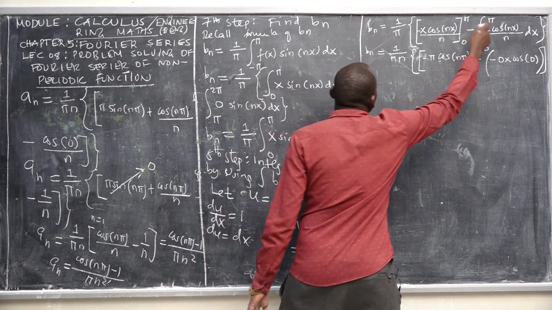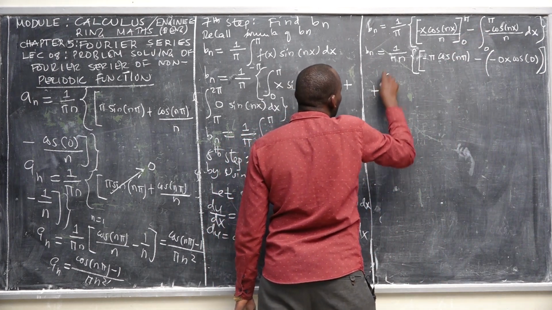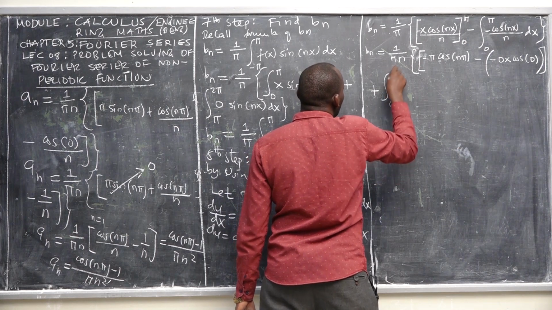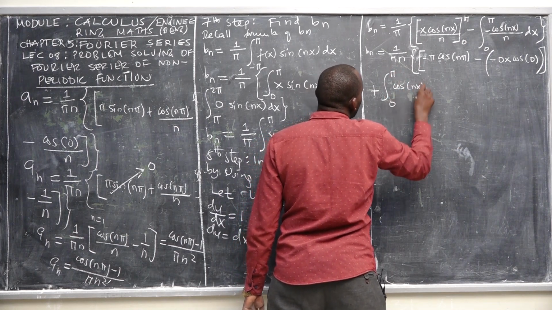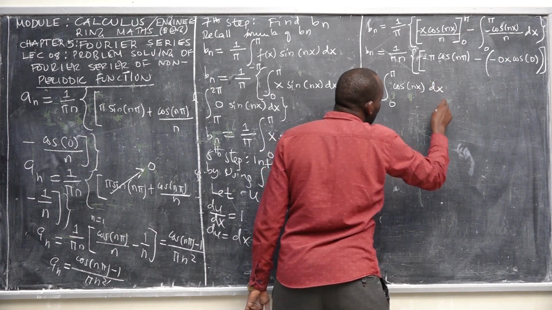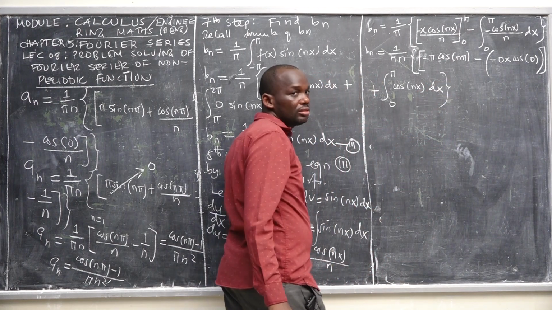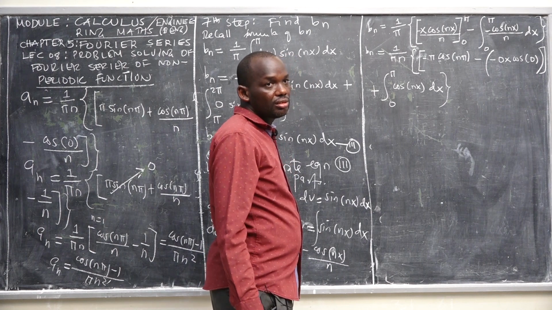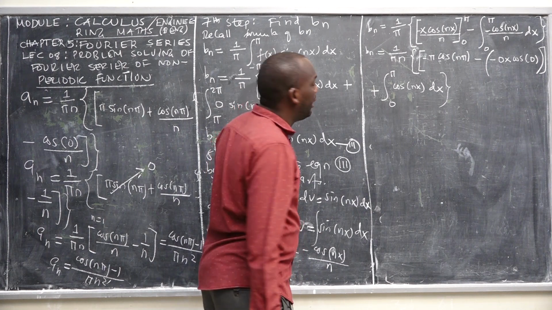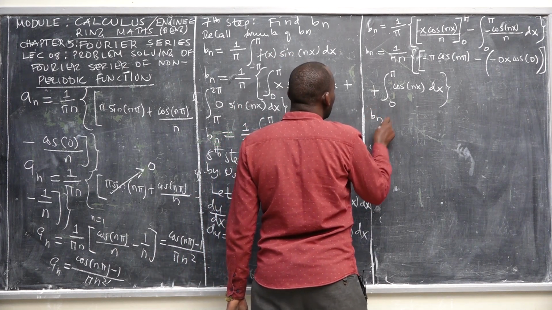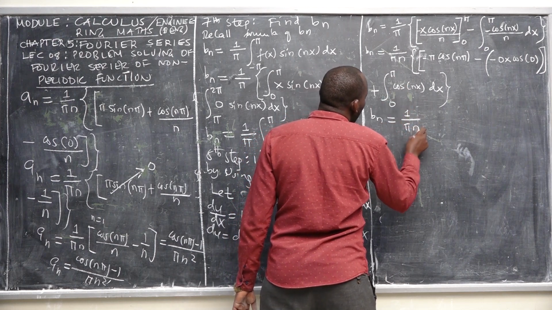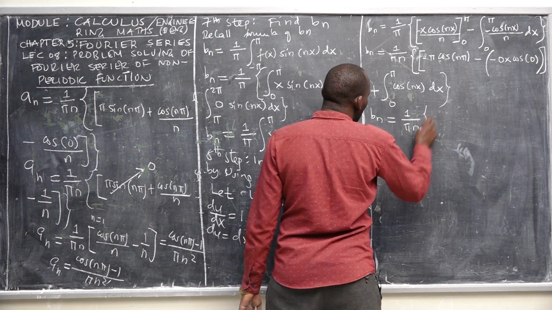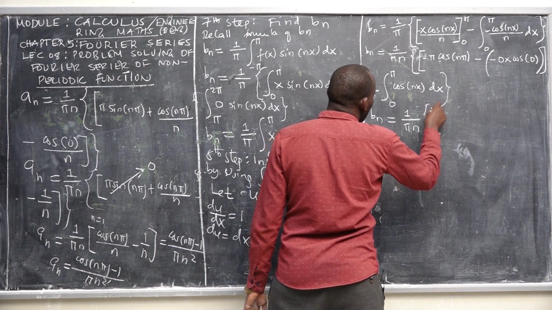So negative, positive, integral from 0 to pi, then you have cosine of nx dx. Are we together? Richard, are you there? Bn is 1 over pi n. Then we open the curly bracket.